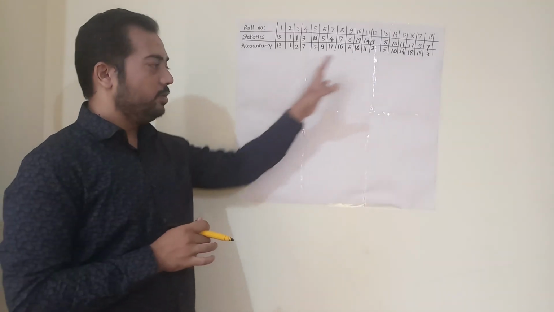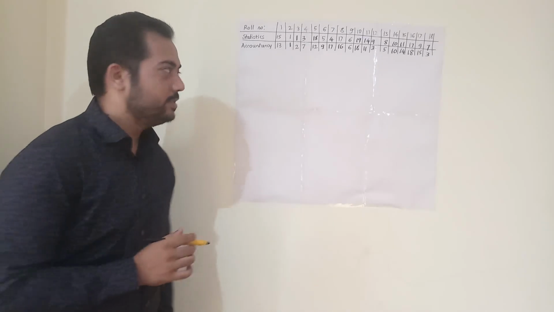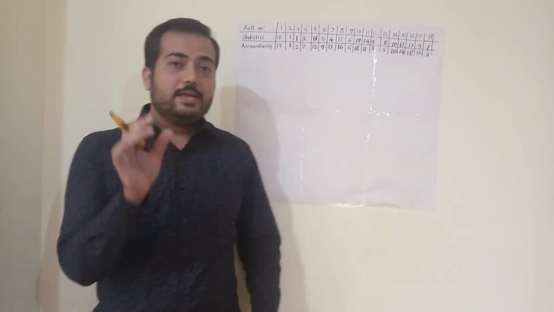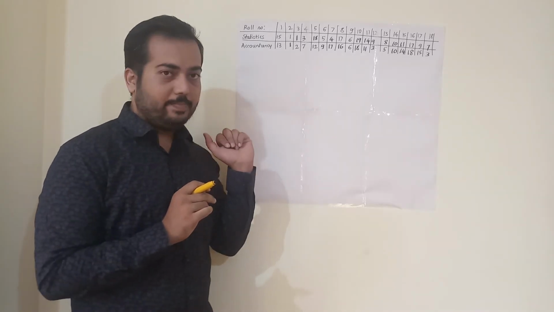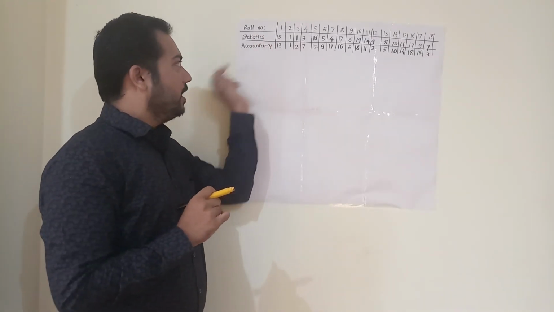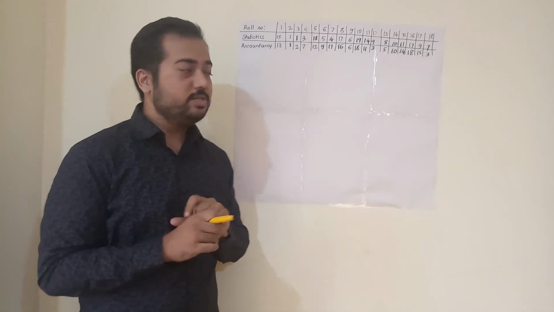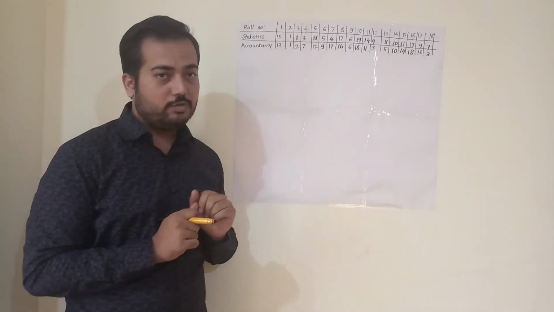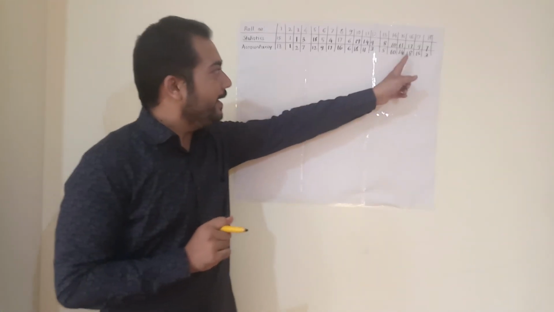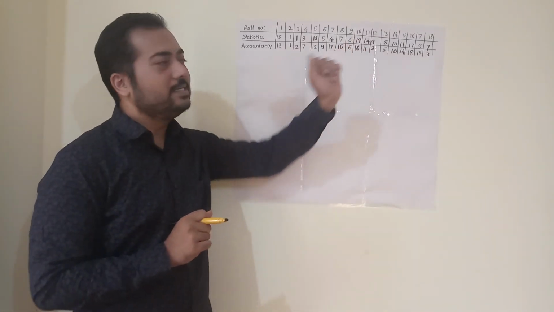Now we have to form a two-way frequency distribution table for this. First we have to define the class interval range for both statistics and accountancy. Looking at it, the minimum value is 1 in both of them. The maximum value is 18 somewhere here, and here as well as 19.